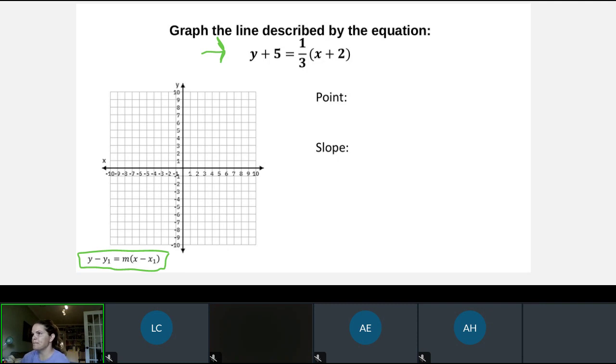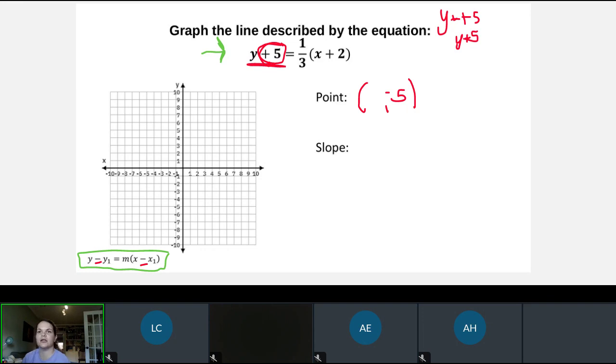Remember what I said about if you look at your formula, these are subtraction signs. So if they have turned to positive signs, addition signs, that means that number is actually negative. So this y value is actually a -5 because when I plug it in, it has to be y minus -5, so it turns into y plus 5.